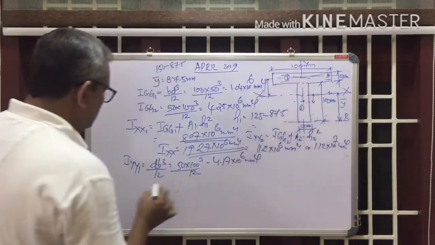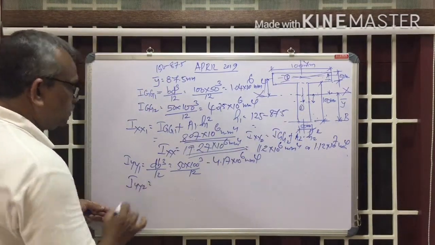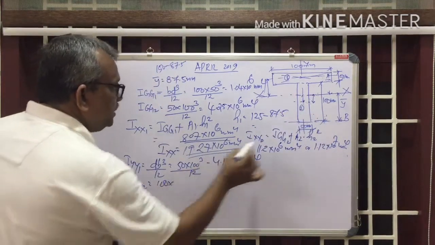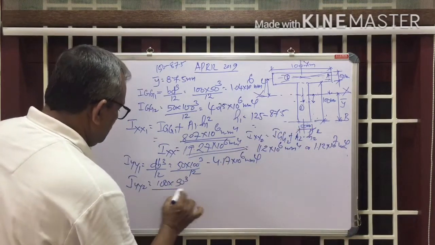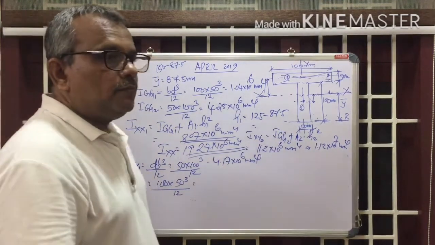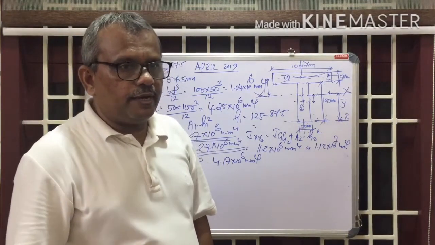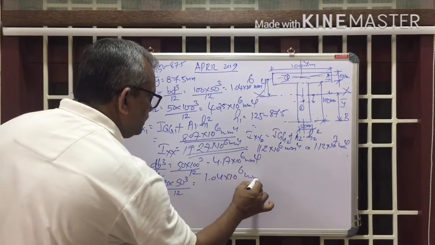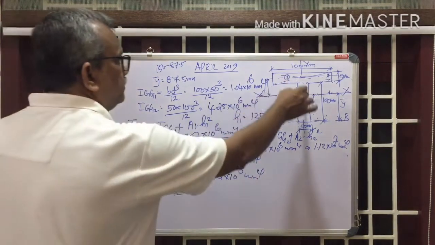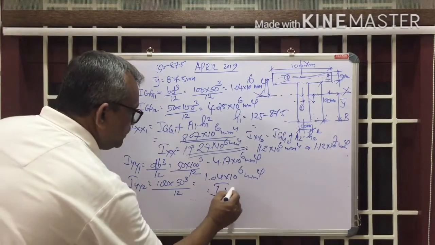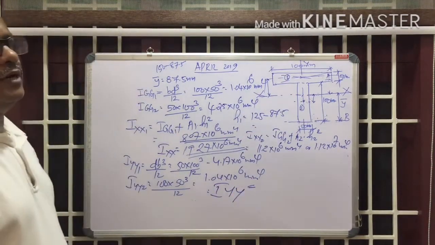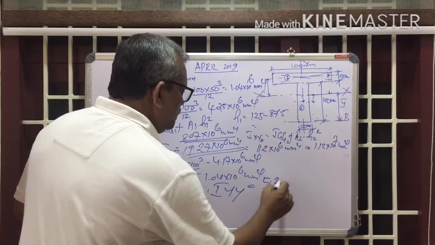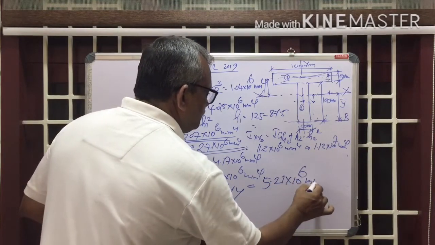Similarly, Iyy2 is also d b cubed by 12. What is d here? 100. What is b? That is 50. b cubed divided by 12 gives the moment of inertia about the yy axis, so that is 1.04 into 10 raised to 6 mm raised to 4. We got both separately. Therefore, the total moment of inertia about the yy axis, Iyy, equals the sum of these, equal to 5.21 into 10 raised to 6 mm raised to 4.